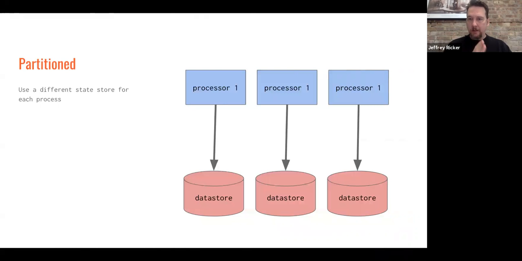So this way, you don't have to deal with locks, because that state will only be changed by one processor, because that state will only exist in one data store, and only one processor is affecting that data store.